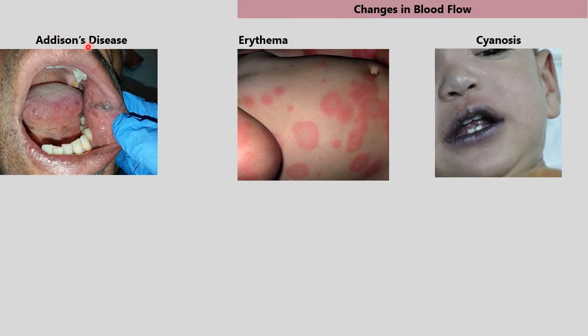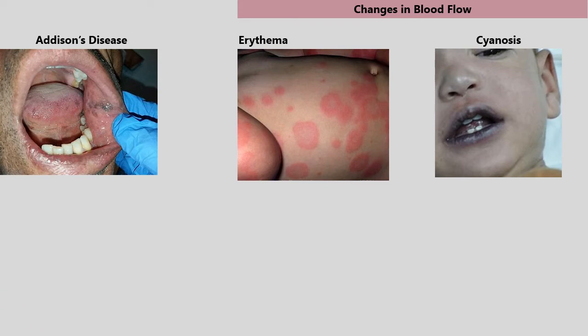Yung Addison's disease, if you see a person or a patient with Addison's disease, marami yan siyang discoloration. For example, in this picture, inside the oral mucosa, there are dark or grayish discolorations. Yung iba meron sa arms, sa cheeks, no? Mga darker discolorations in Addison's disease.